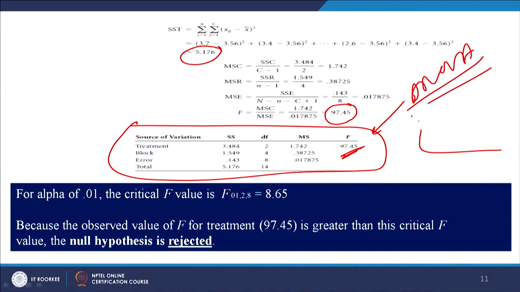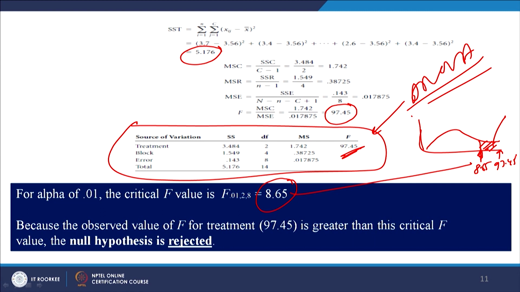So, your distribution would look like this, right. So, this is your rejection region, right, and this value is let us say 97.45 and this is your critical value actually, right. So, this critical value is in fact to be found from table, right, it is 8.65. So, we will reject null hypothesis.